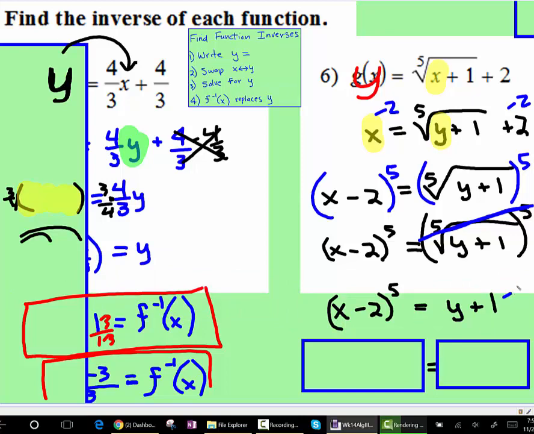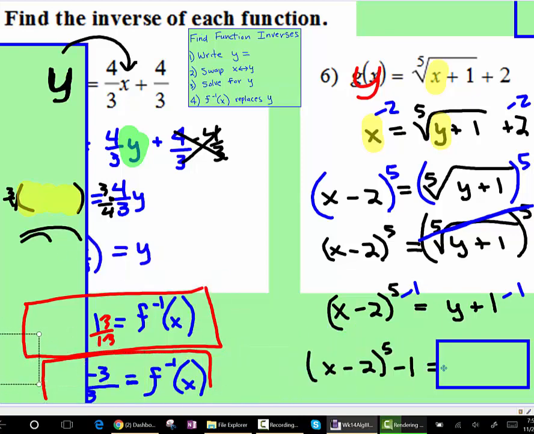And now all we have to do is subtract 1 on both sides. And then we will have the inverse, and we can rewrite y, as these cancel, we can rewrite y in the inverse notation.